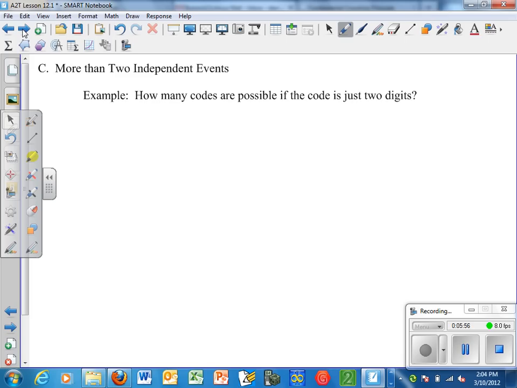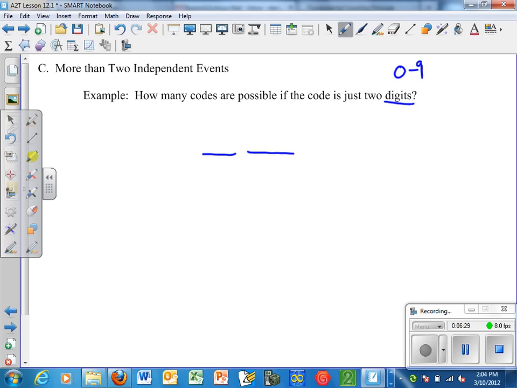It's possible to have more than 2 independent events. How many codes are possible if there are just 2 digits? Okay, and when we say digits, digits are any digit 0 through 9. So if we have 2 digits possible, and we can use any of the digits in those 2 places, and it doesn't say anything about you can't have repeats, that's what makes it independent here.